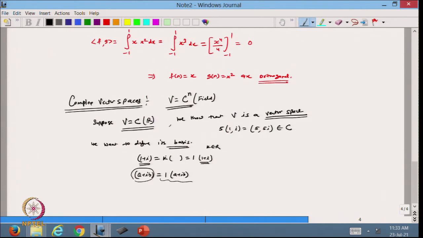I cannot take those as complex; k belongs to R. So this is possible only this way, or maybe I can write this as 2 into (a plus ib) divided by 2. Ultimately, our concentration is that this can be generated this way, or I can write any k here, (a plus ib) by k.